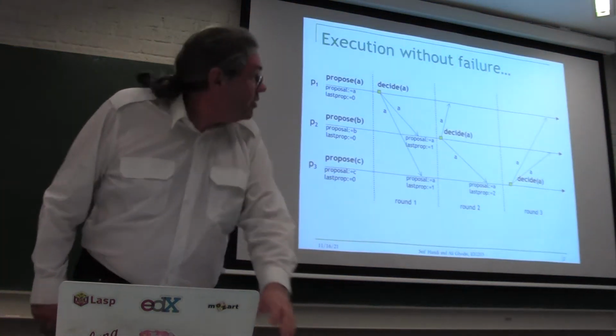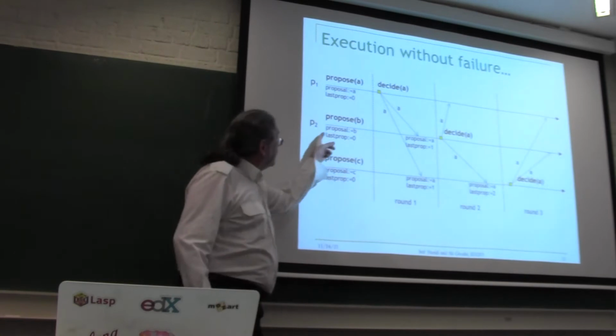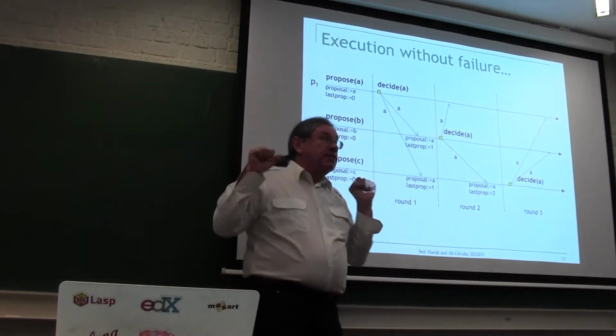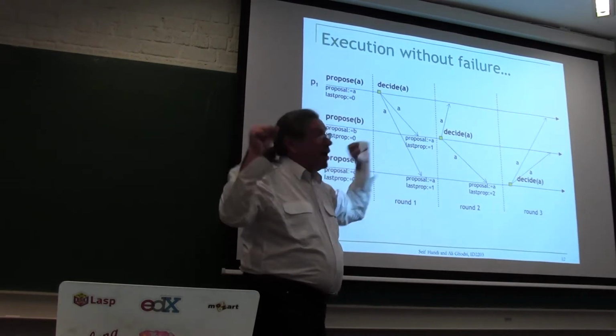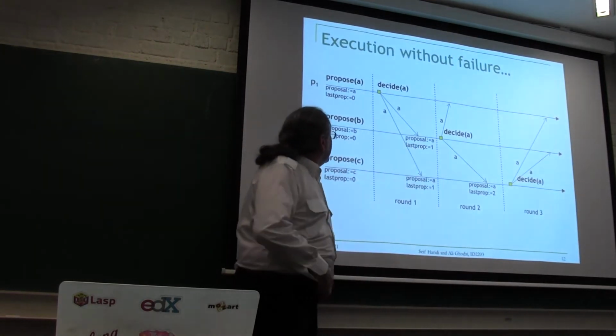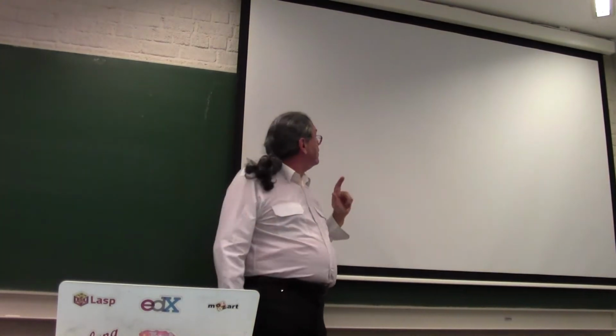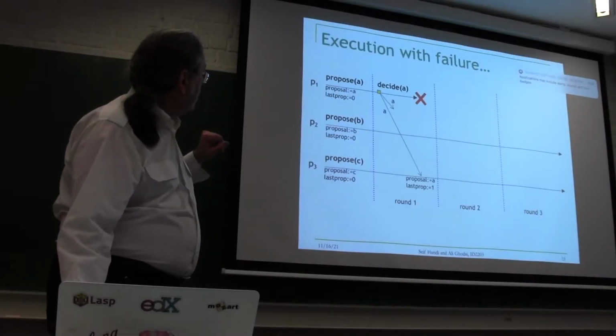One of the nodes is the boss, and in each round, that node gets a chance to be the one that decides which is the value. And it works because there's at least one correct node. So we saw how that works.